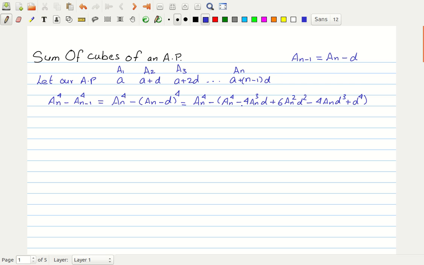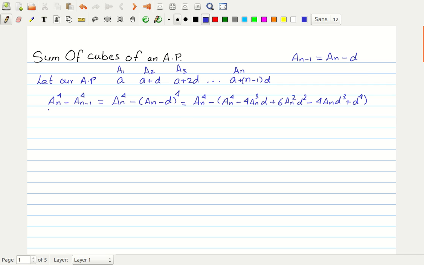I have just put minus sign wherever the powers of d are odd, because in a n plus d this will be positive, but in a n minus d all odd powers of d are going to be negative.